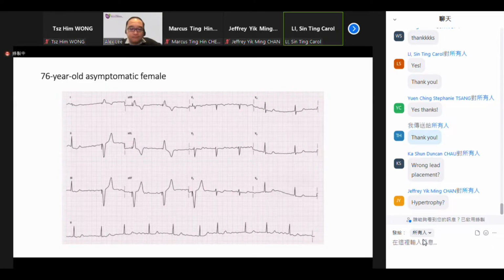For MAT, the definition is we have to find P waves with different morphology. So I think we can see different morphologies of P wave, so it can be MAT. Do you think MAT is more likely or AF more likely? Where is the different morphology P wave?